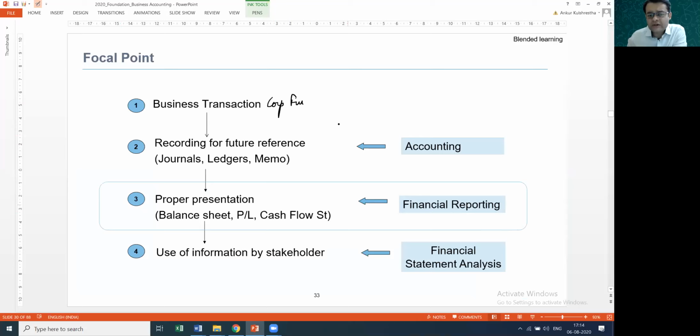And you know that accounting is an input recording of things, while presenting is very different. That's the output. That's the outgoing of information in proper formats, etc. So this is the focal point right now.